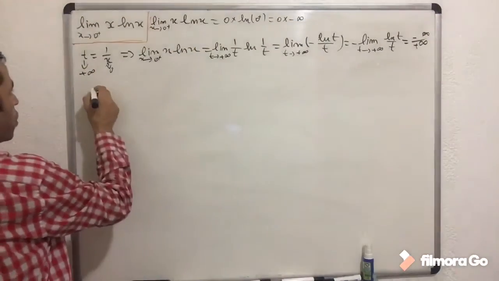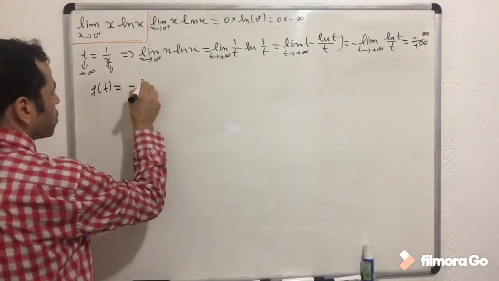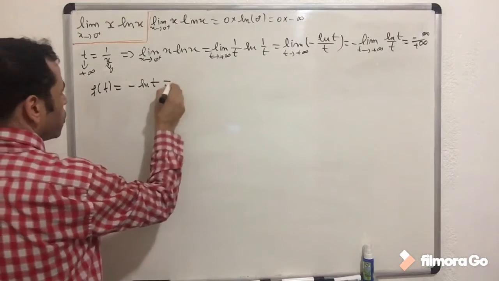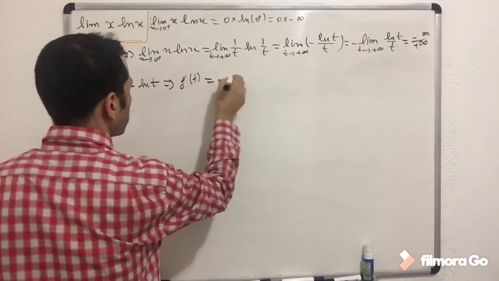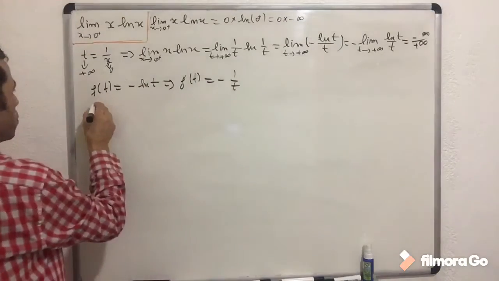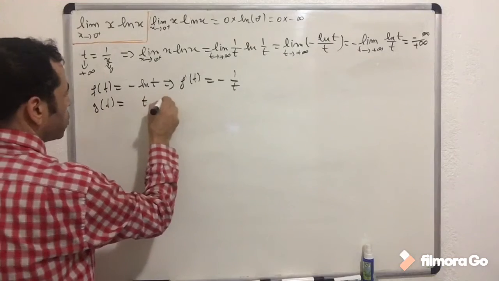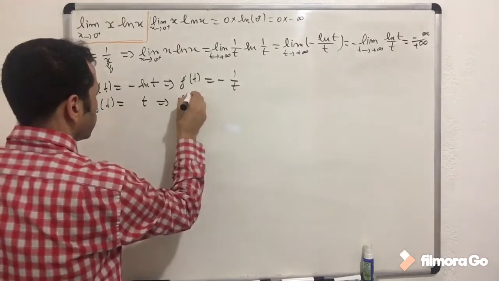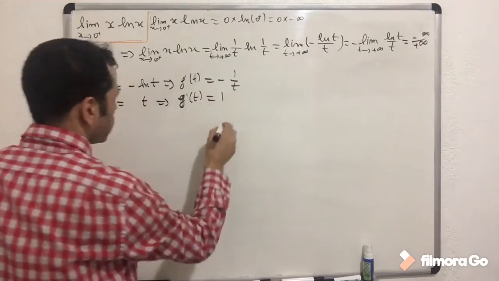You have f(t) equal minus natural log of t. If you differentiate this, it gives f prime equal minus 1 over t. You have g(t) equal t. If you differentiate this, it gives g prime of t equal 1.